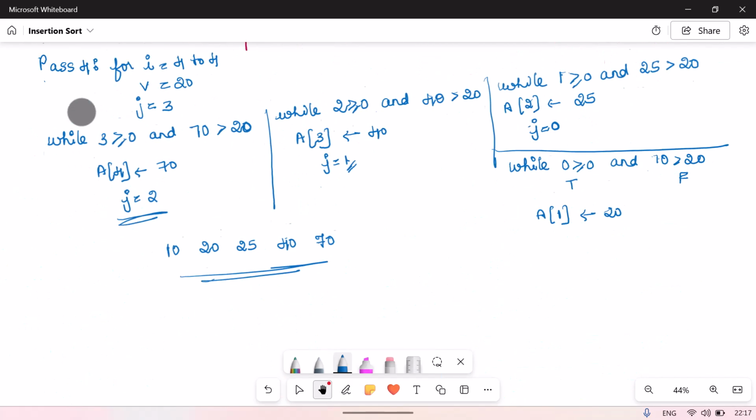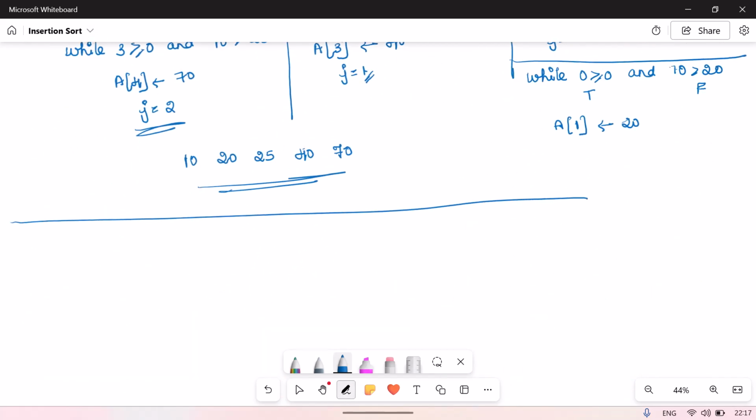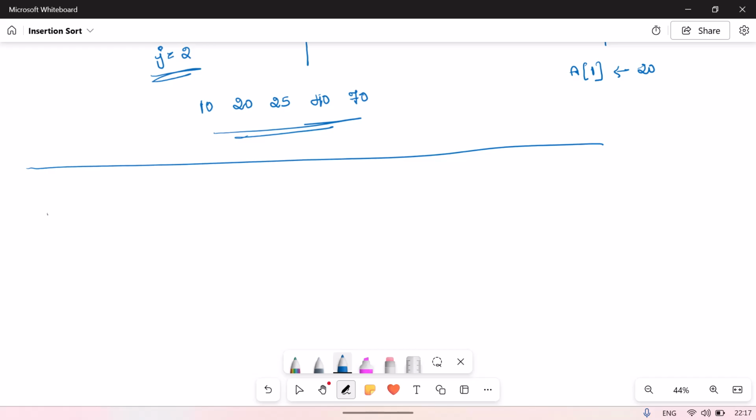Like this. Okay, so if I have the elements 25, 75, 40, 10 and 20, at pass 1, 25 and 75 will be compared and no swapping is required.